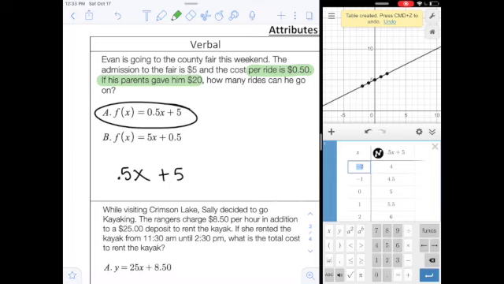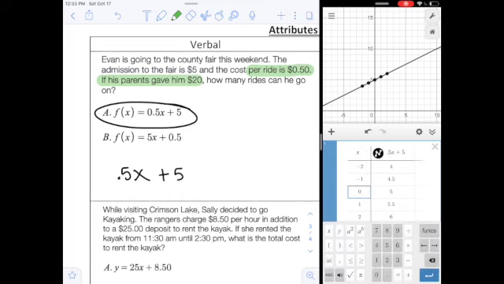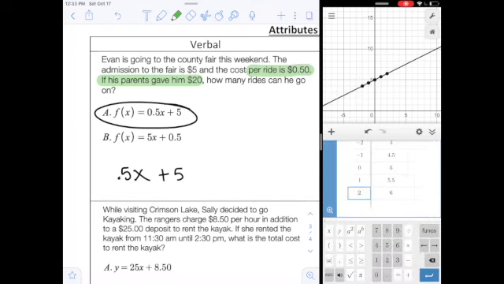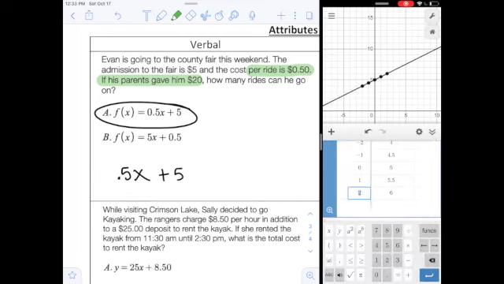Now, we don't need to know all of the negative values because you can't have negative rides. So starting at 0, if he rides 0 rides, then it's going to be $5, right? So we want to figure out how many rides he can take with $20. Right now, if he rides one ride, he spends $5.50. If he rides 2, he's got $6.